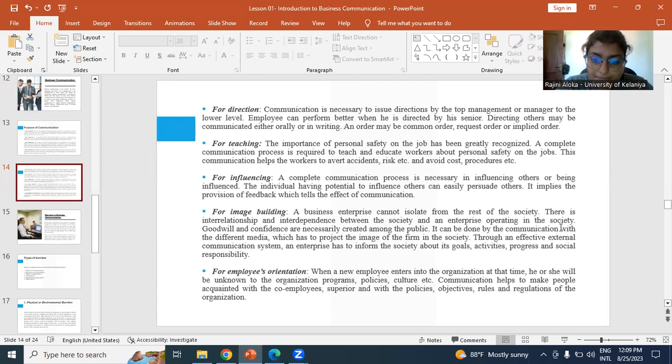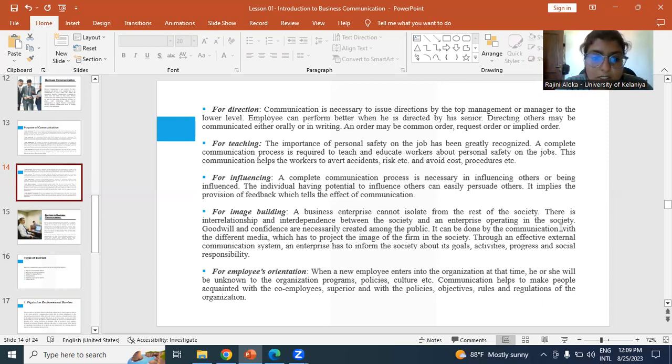Image building. A business enterprise cannot isolate itself from the rest of society. There is interrelationship and interdependence between society and an enterprise operating in it. Goodwill and confidence are necessarily created among the public. It can be done by communicating through different media, which has to project the image of the firm in society.